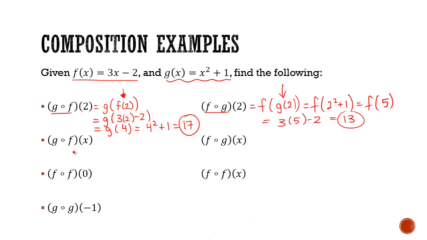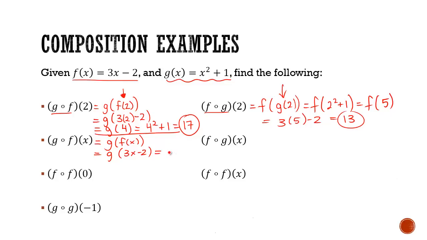Now let's see what happens if we use x. So this is translated as g of f of x, which means f of x is 3x minus 2, and that is now our input for our x squared plus 1.